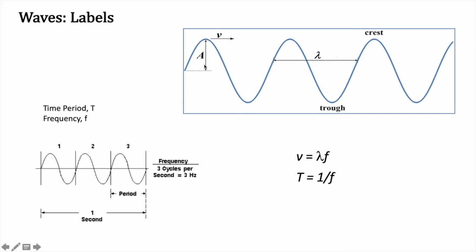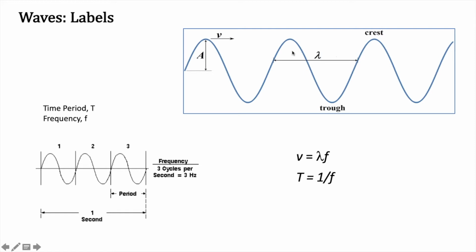For a wave, we have amplitude, the height from a horizontal reference line, here the central horizontal line, to the crest. The wave travels at some speed, so it has a velocity v, given to the right. We measure the length from one point of the wave to the same point on the next cycle, called the wavelength, denoted by lambda.